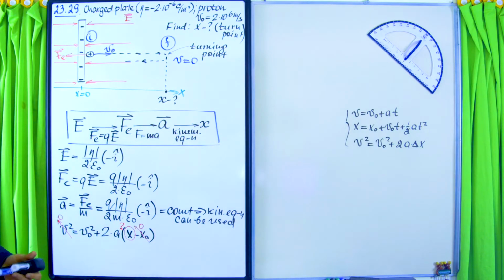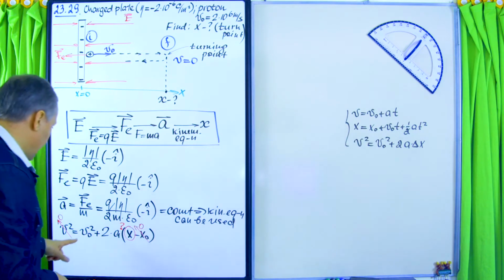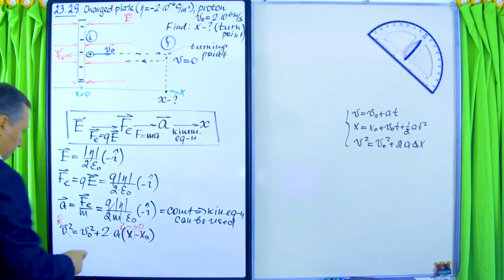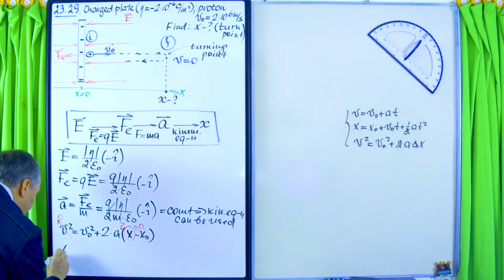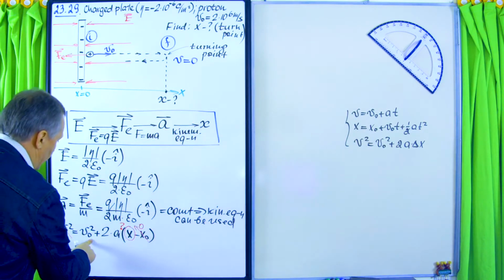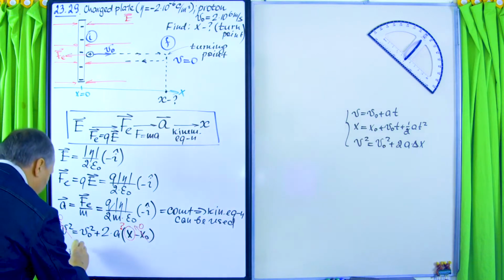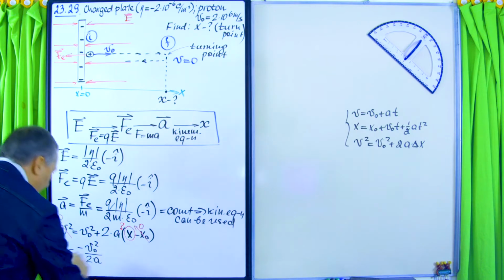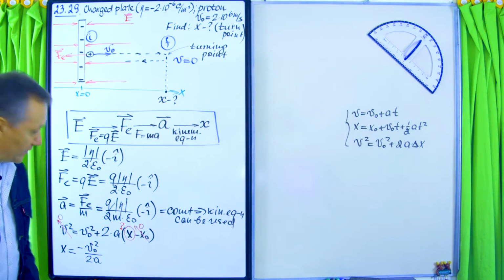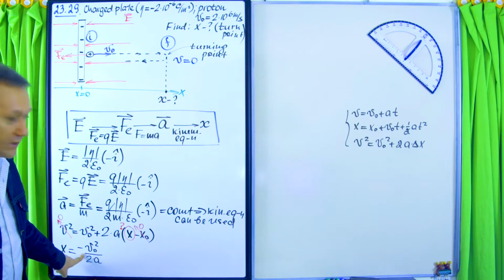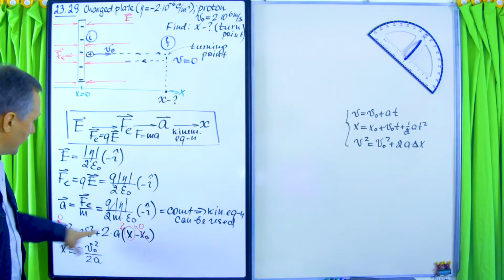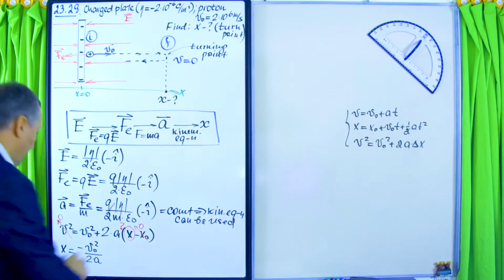Right. Okay, so the final push, the final step. So this is our unknown, so we need to move terms around. So x is equal to, this goes to that side with minus, so we'll have minus v naught squared divided by 2 times a. And there's no reason to panic because of this minus, because you remember our acceleration is negative. So let me write down the expression for the acceleration with minus sign.